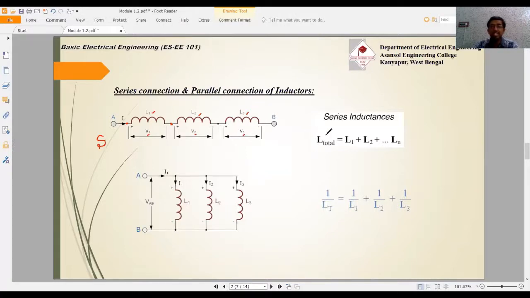So the total series inductance that we will see from this terminal AB will be L1 plus L2 plus L3 up to Ln if n number of elements are there.